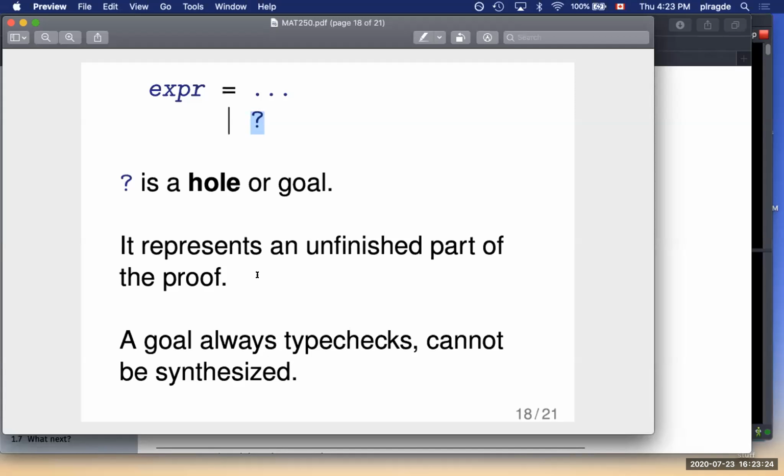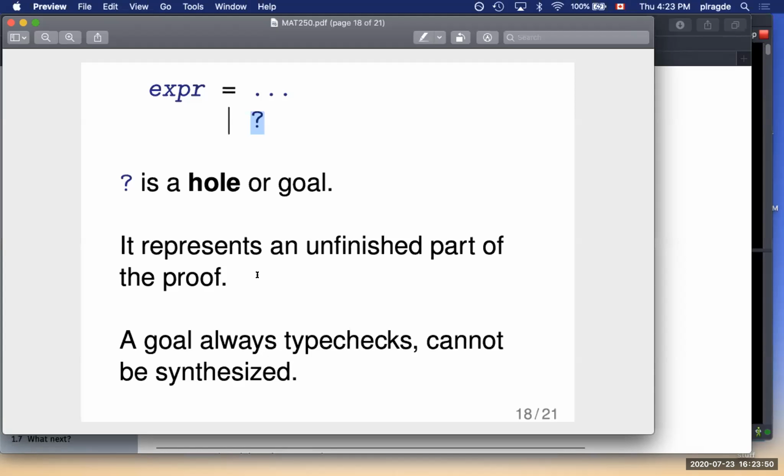What are the type checking and type synthesis rules for a goal? Well, it's pretty straightforward. When we're type checking and we hit a goal, and checking, remember, is provided with a type. So when the type checking function says, does this question mark have this type? It'll say, sure, whatever you say.